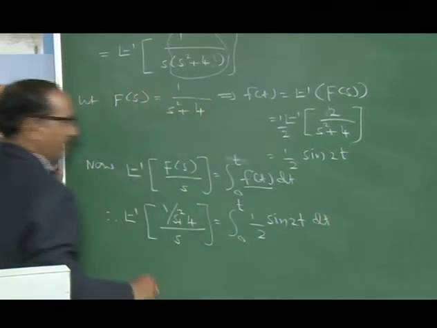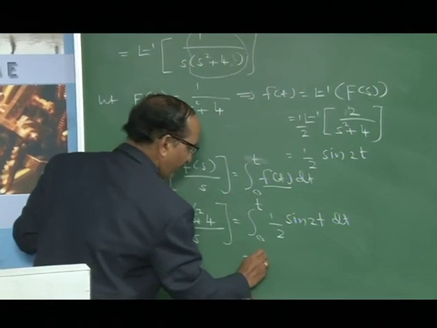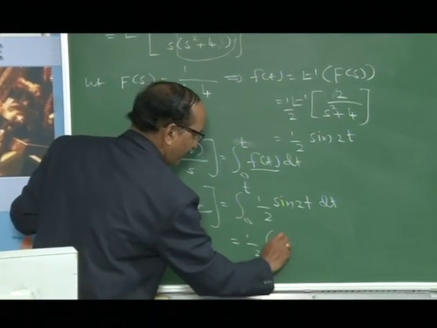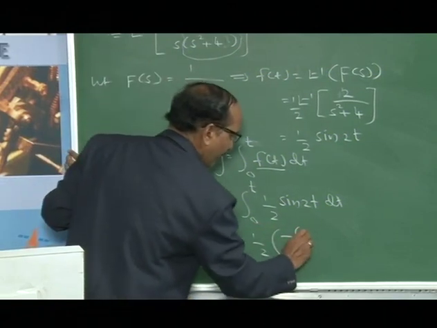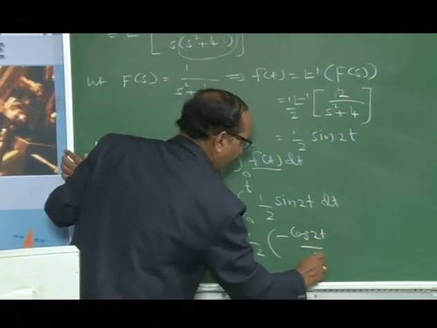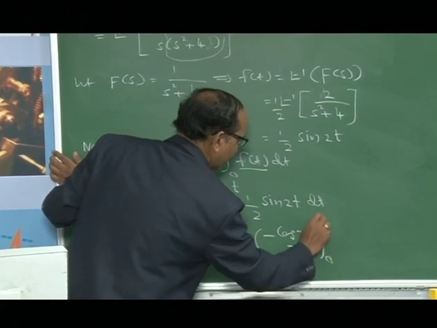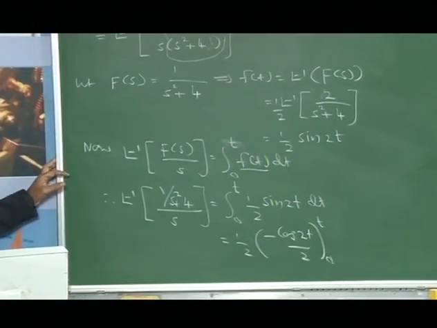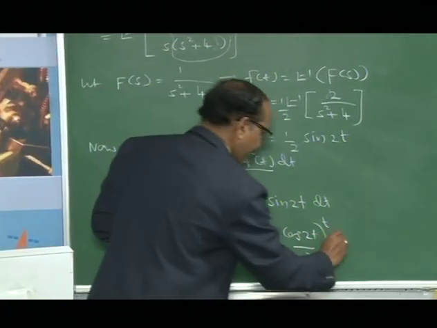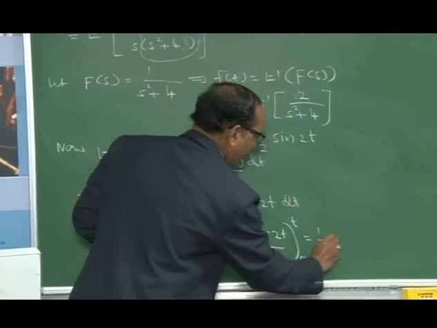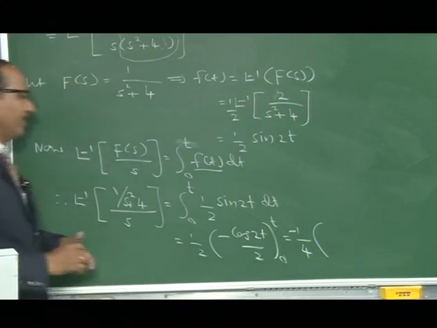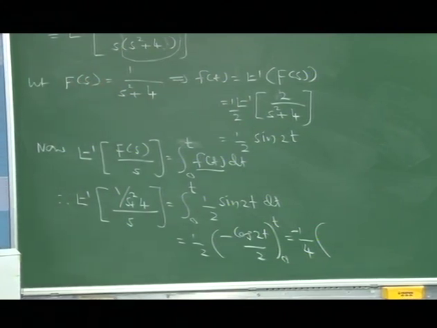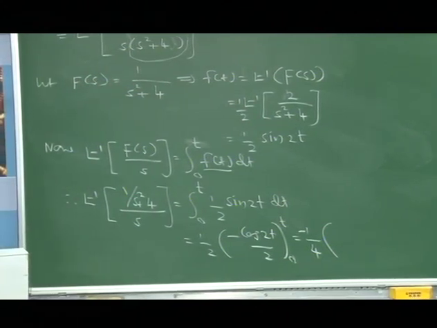Now, integrating sin 2t, 1 upon 2 integration of sin 2t is minus cos 2t divided by 2, then apply the limits 0 to t. So, simplify this, 1 by 2 into 1 by 2, 1 by 4, minus sign you take outside, put the limits in place of t, upper limit is t.